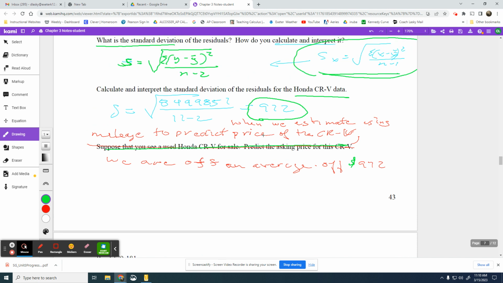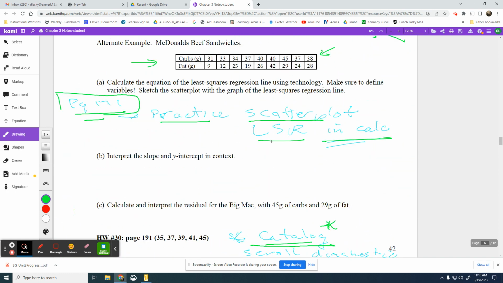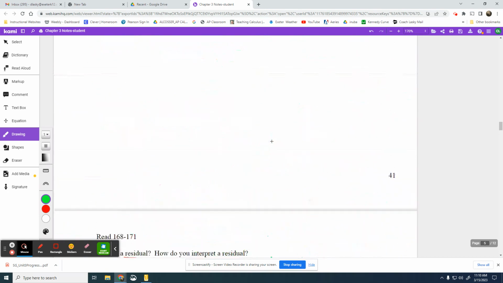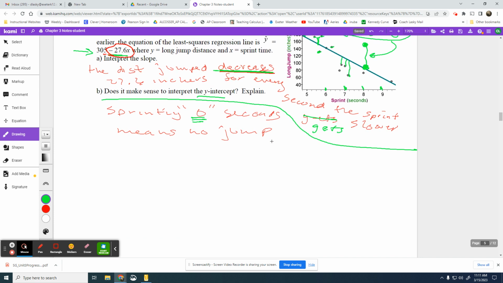Okay, so you might be going, well, why are we calculating the y's? We're calculating the y's because a residual deals with y values. So we want to calculate how far the y values are away from the predicted y value, and that's why we get a standard deviation that way.